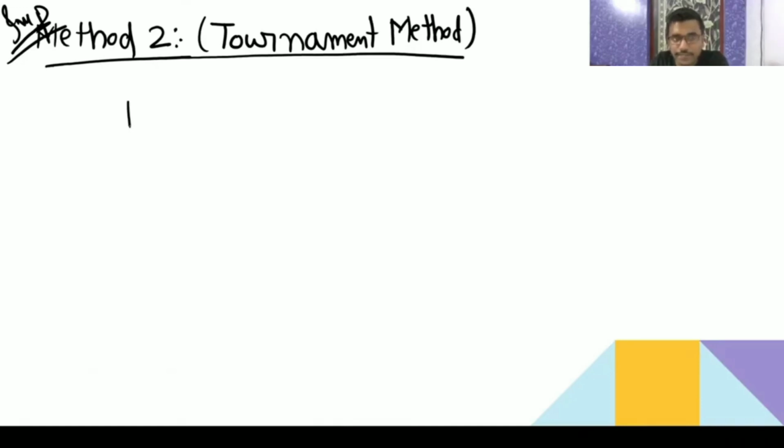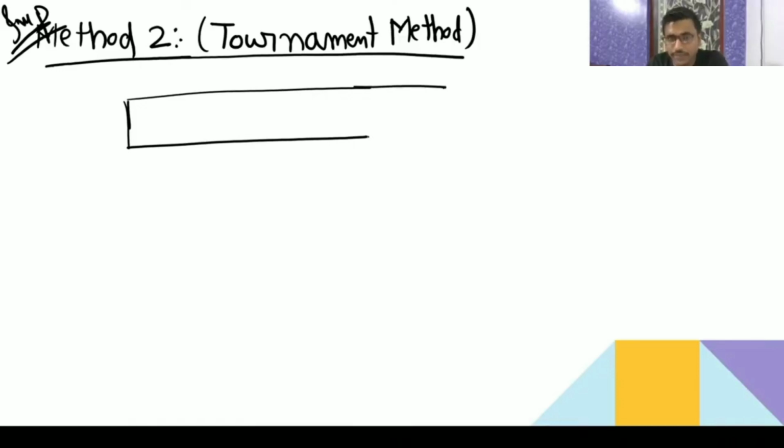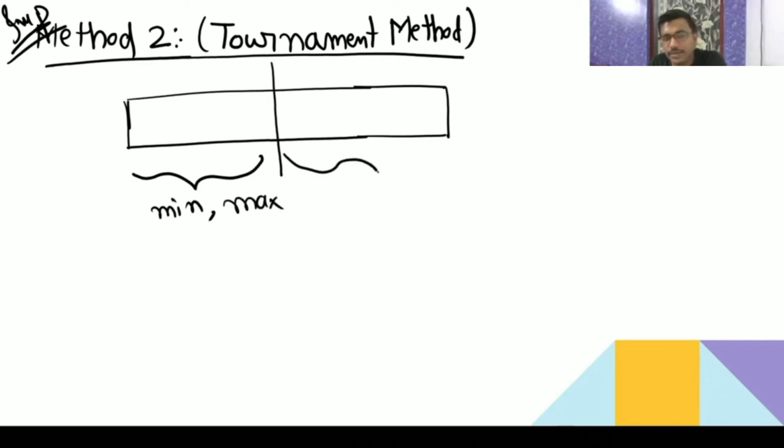Here we don't do like this. There we were doing linear search; here we are going to use the concept of binary search. I will divide this array into two halves. In the first half I will find the min and max, and in the second half I will find the min and max.